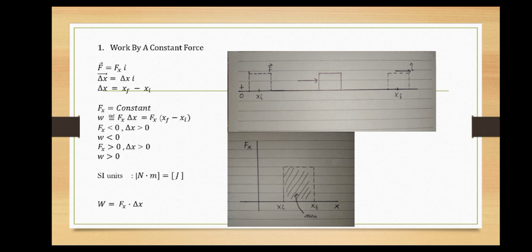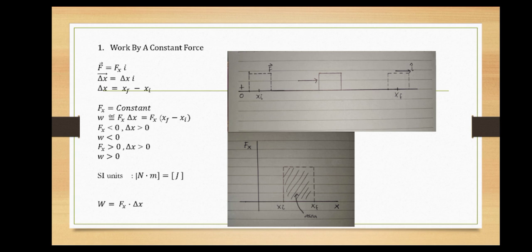If the force Fx is less than 0 and the shift is in the positive direction, then the work is negative. If the force Fx is positive and the displacement is positive, then the work is positive. Work is the product of force and distance. As a unit, the unit of force, Newton, times meter equals joule.